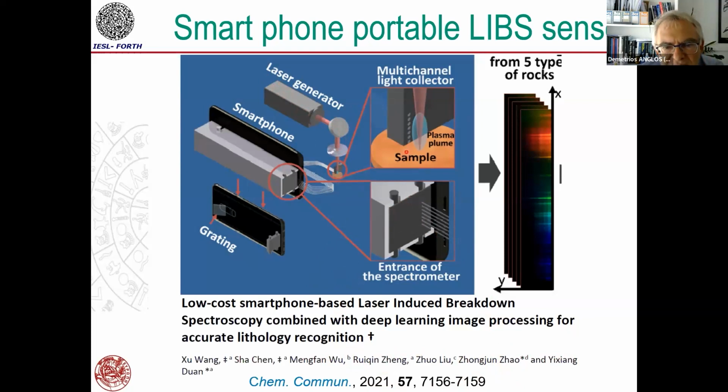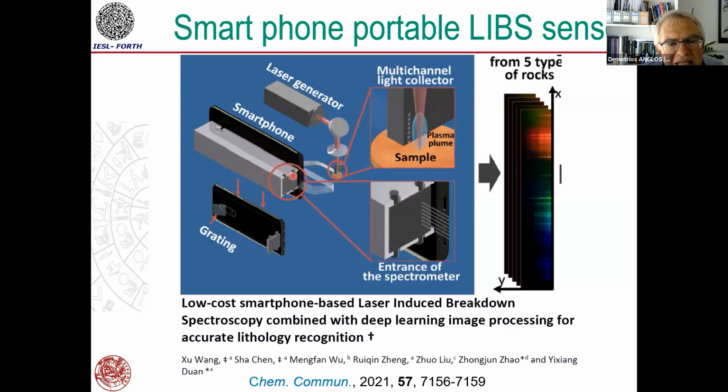As you see here, the light is collected with a lens, collimated, and sent through a transmission grating. It's a transmission grating, not a reflection grating, which is in a module attached on the back of a smartphone.